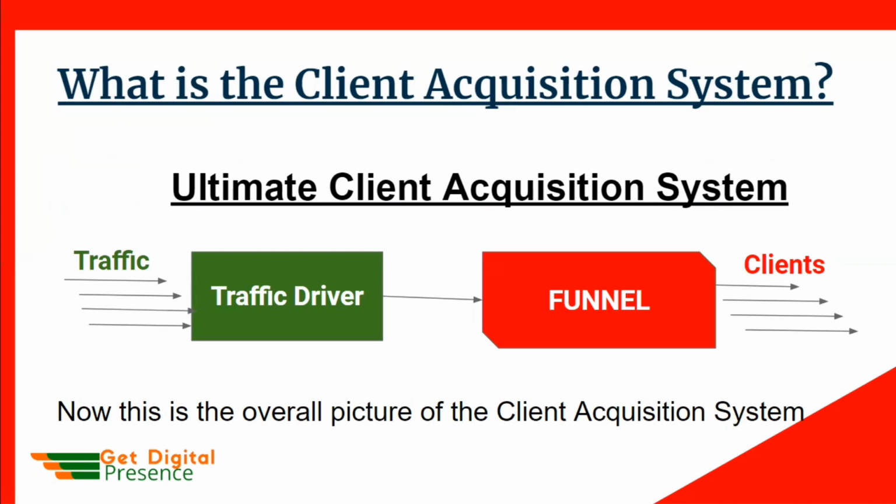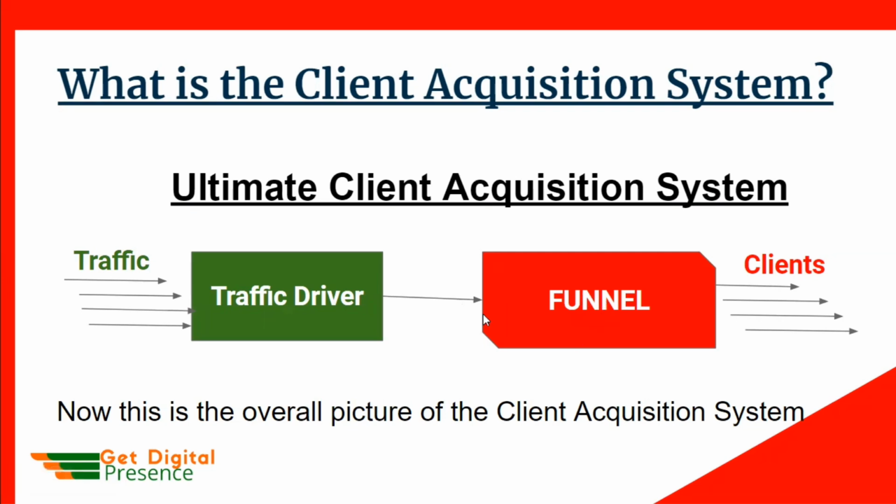So it begins with traffic. All right, every business generating leads and sales begins with traffic. All right, then from the traffic, you have the traffic driver. The traffic driver sucks in the traffic and sends this traffic to the funnel. Now, this funnel is the conversion system, one of the most important parts of the client acquisition system.